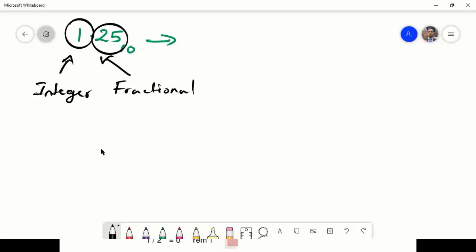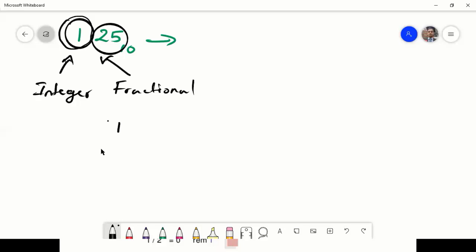For the decimal or fractional part, you have to follow the way we convert a fractional number to binary. So first we will take this integer value. It's very simple and very straightforward.